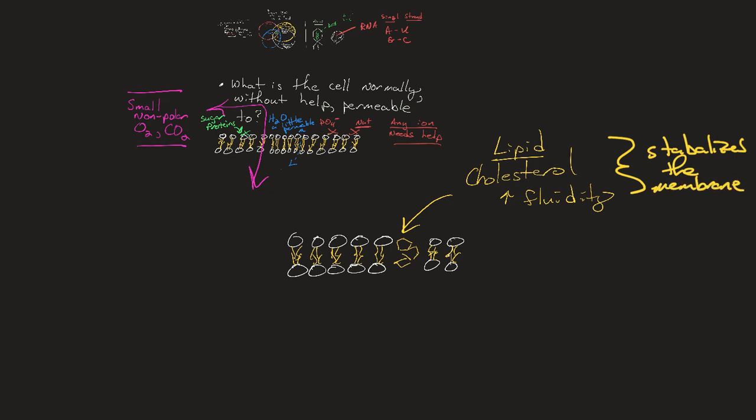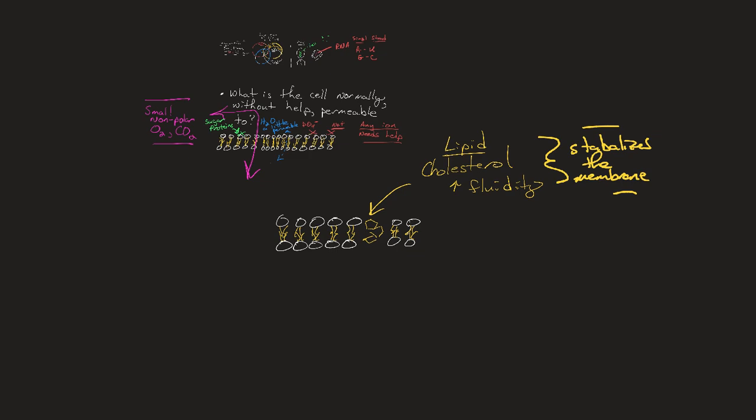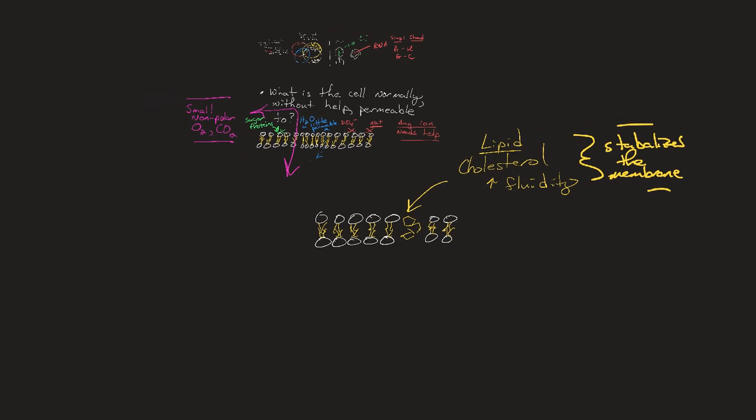Remember, it's always moving. And obviously, when it's hotter, it's going to be more fluid. You don't want the membrane to be too fluid. Then the other thing that you have, as someone mentioned a minute ago, is these things called transport proteins.